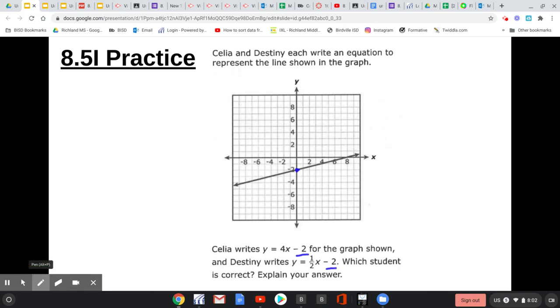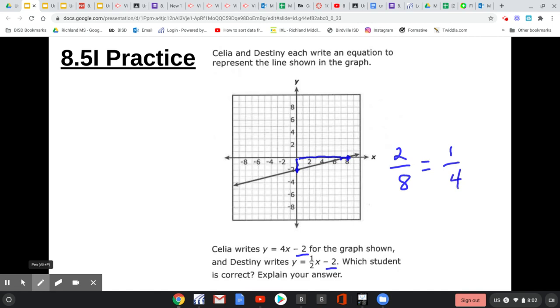But the slope is different. So let's see if we can figure out what the slope is. Here's an exact point. And we have rise 2, and we're going to run 1, 2, 3, 4, 5, 6, 7, 8. And that can be reduced to 1/4.